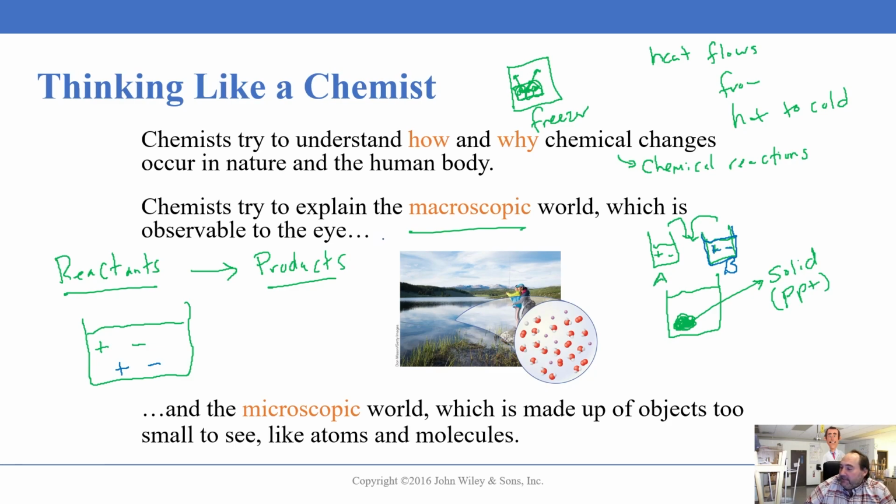And what happens in this thing that we maybe cannot see microscopically is that when these ions come together, certain combinations of ions will actually form a solid. And here, for example, this positive ion will come together with the negative ion here, and that is the result of the solid that we see form in this reaction.